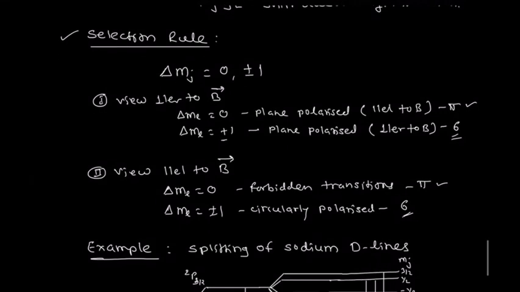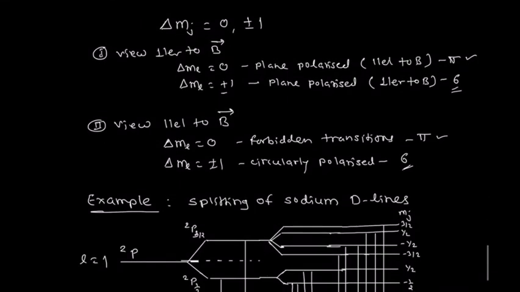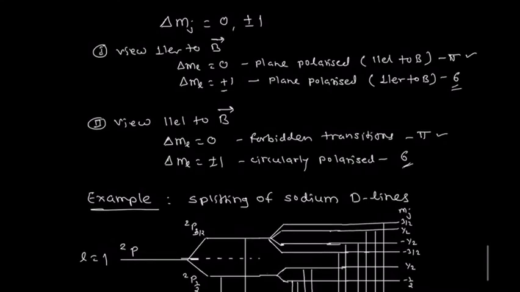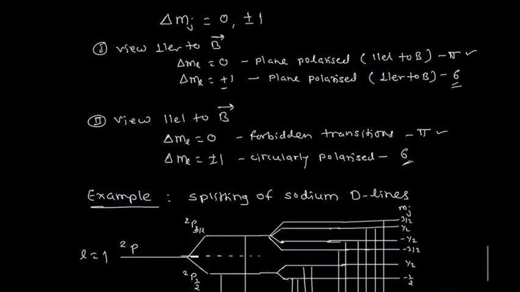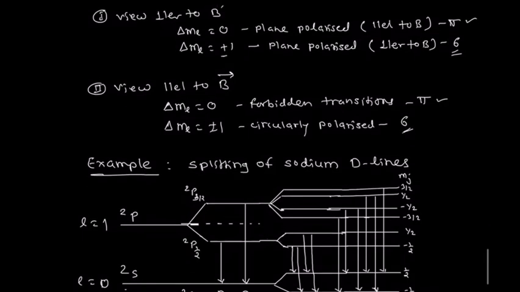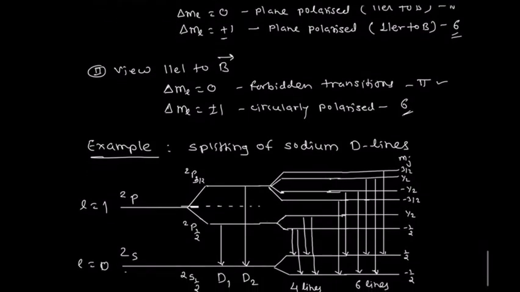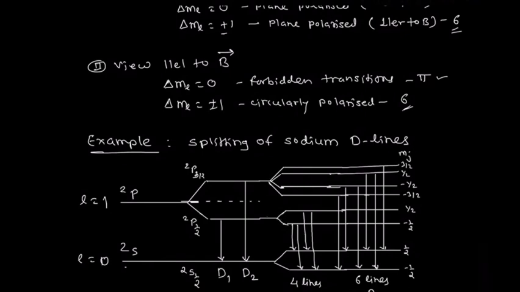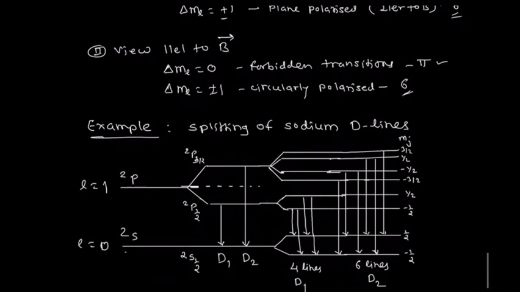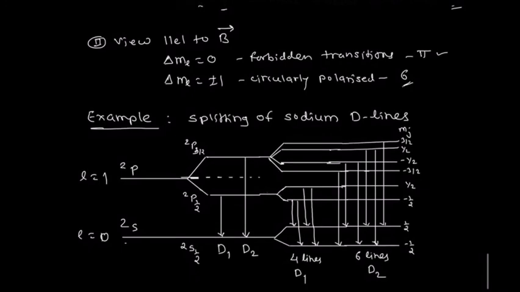Hence, using that selection rule, how the splitting of the spectral lines takes place in actual given element, that we explain by considering one of the example of the sodium D line. We know how the D line, sodium D line we get when the transition takes place from L equal to 1 to L equal to 0.